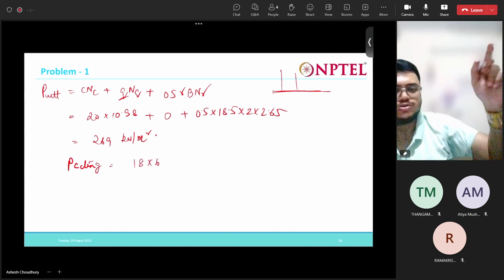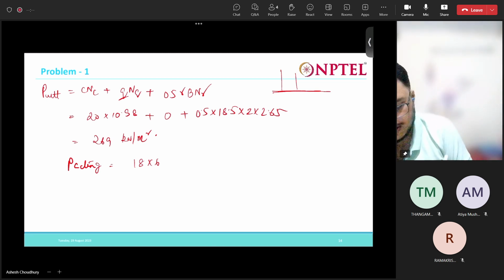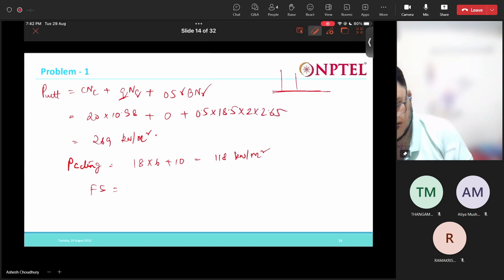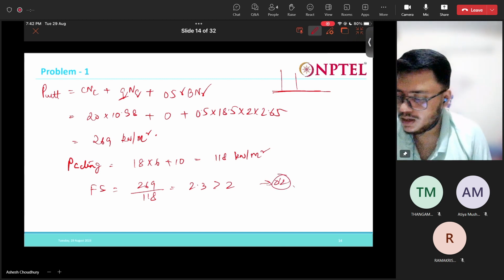Total height, 6 meters into 18, plus the dead load. Factor of safety is 5, sorry, 269.18, which is again acceptable, right?